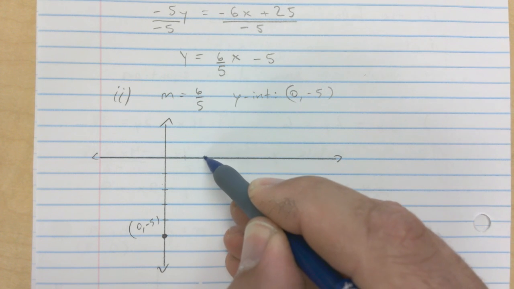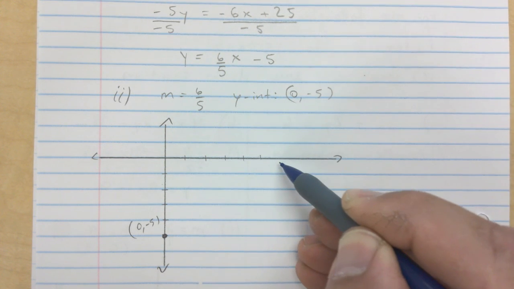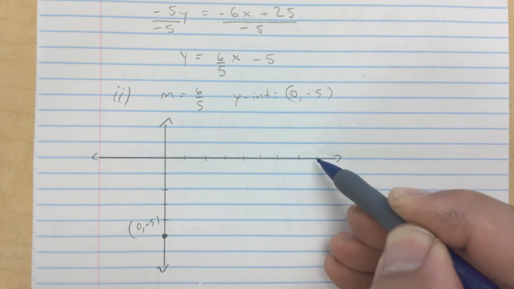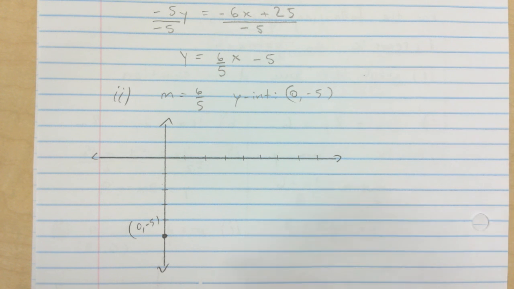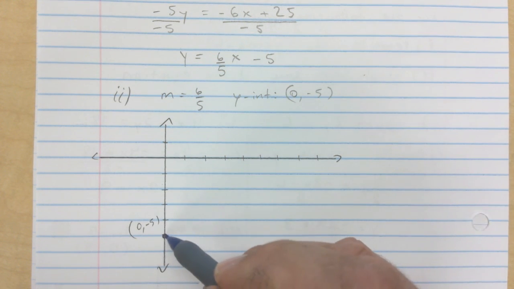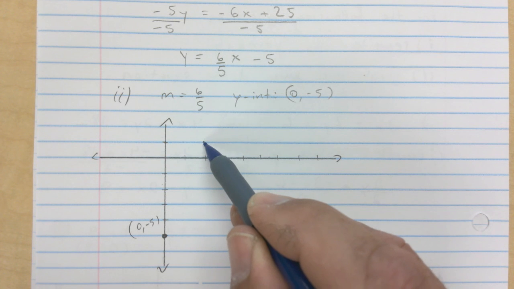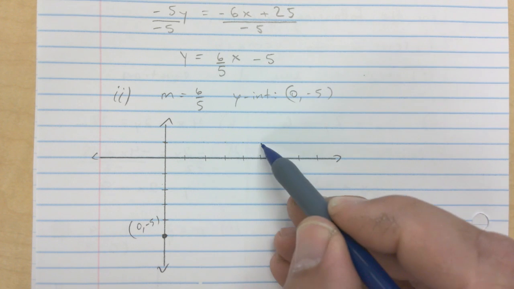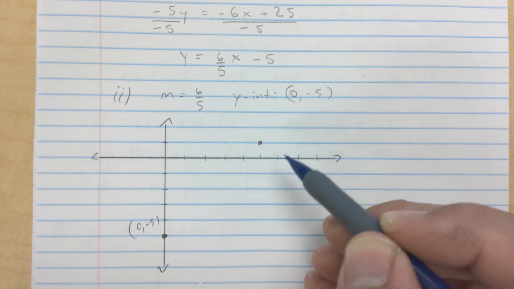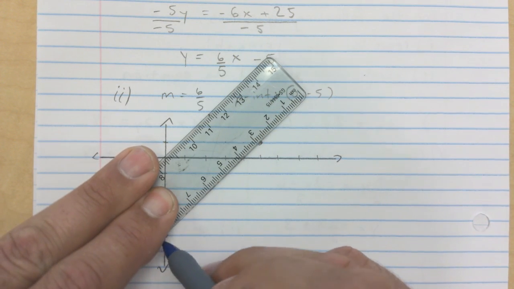So 1, 2, 3, 4, 5, 6. And I can keep going if I wanted to. But essentially, my slope will be, if this is my point, I'm going to go 1, 2, 3, 4, 5, 6. 1, 2, 3, 4, 5 over here. Okay. So 2 points is all that we really need.